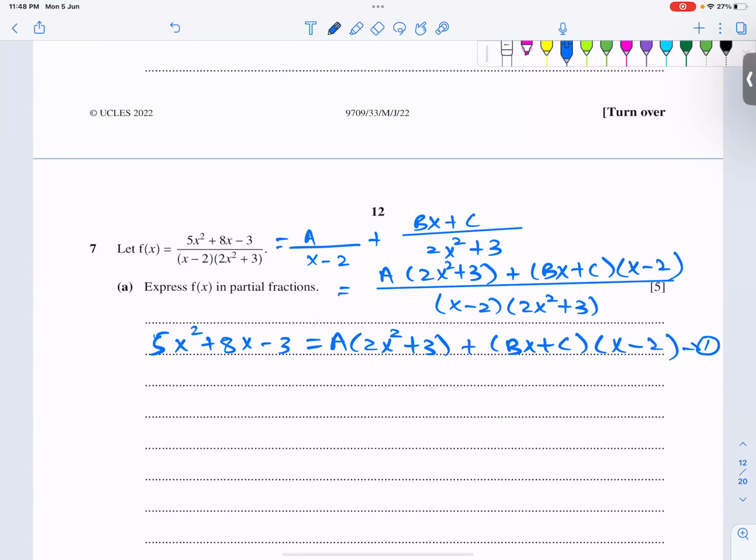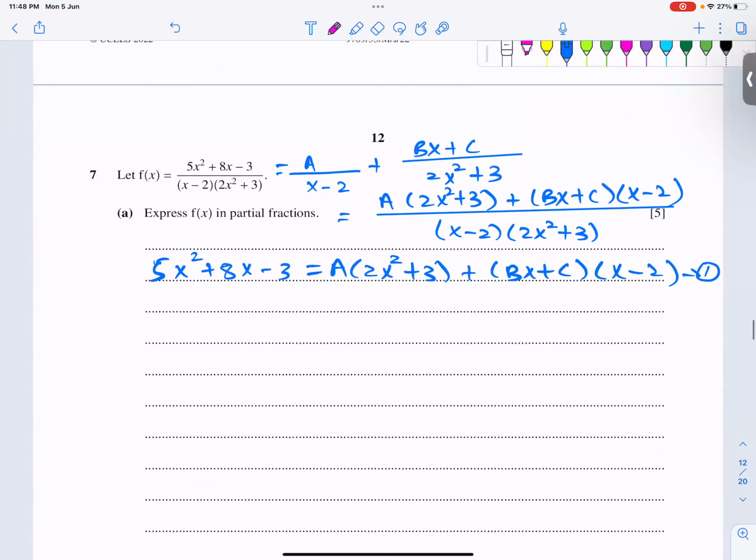Call it equation 1 because it is the most important equation. Now put x minus 2 is equal to 0 to get the value of x, that is 2. And now put this 2 in the above equation. You will have 20 plus 16 minus 3 is equal to, this will become 2 times 2 square, that will be 8.